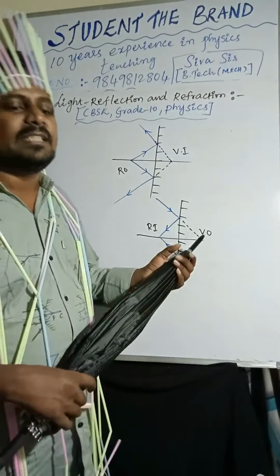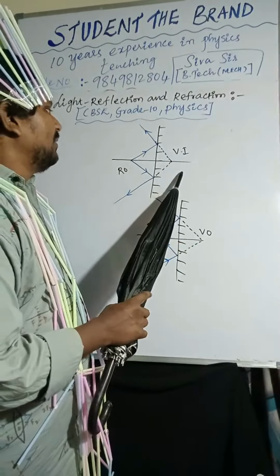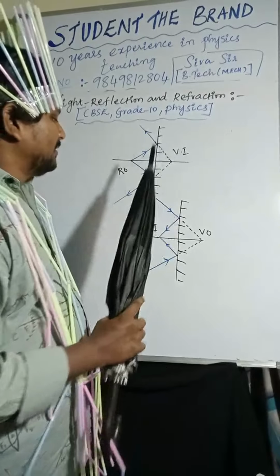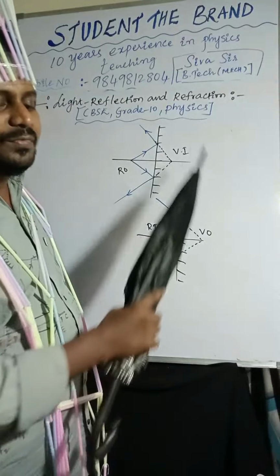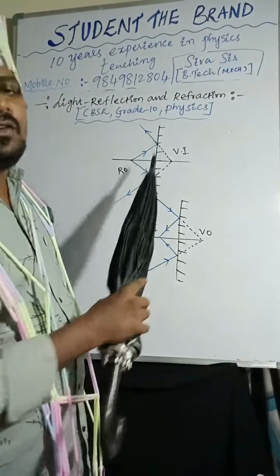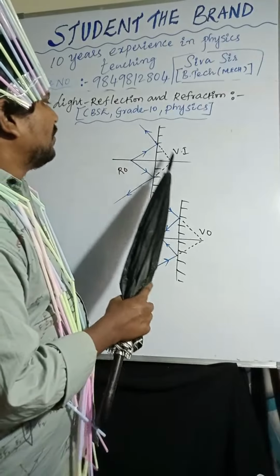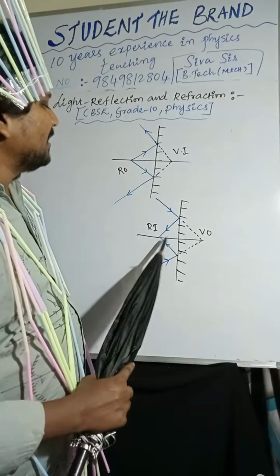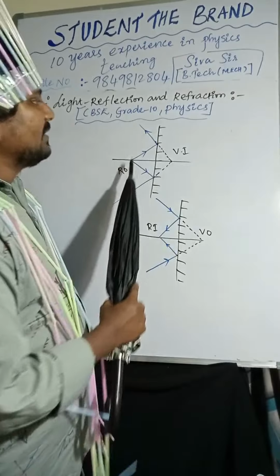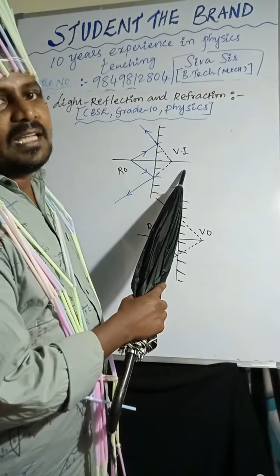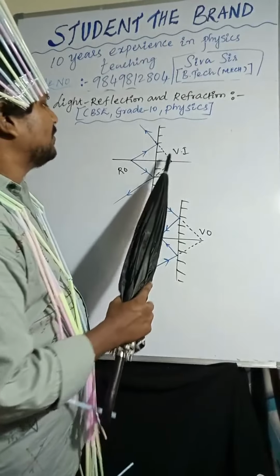So now you can understand one thing: real object, virtual image; virtual object, real image. If you observe these two diagrams, in one we extend the reflected light rays, they meet at one point, and the image formed is a virtual image.